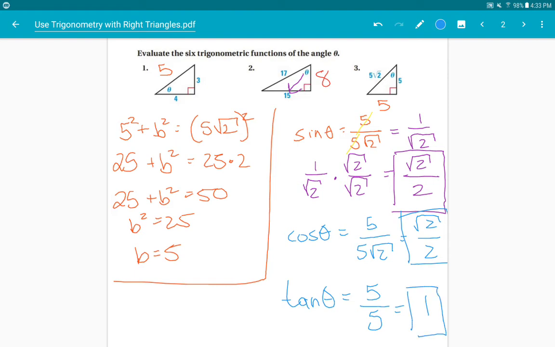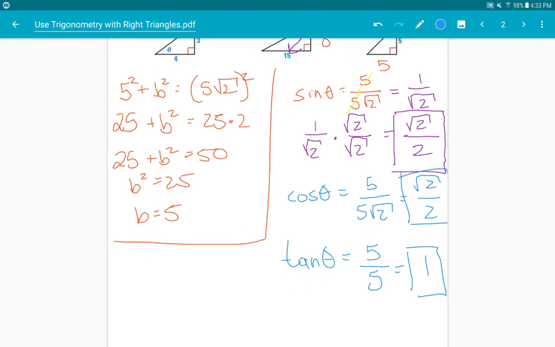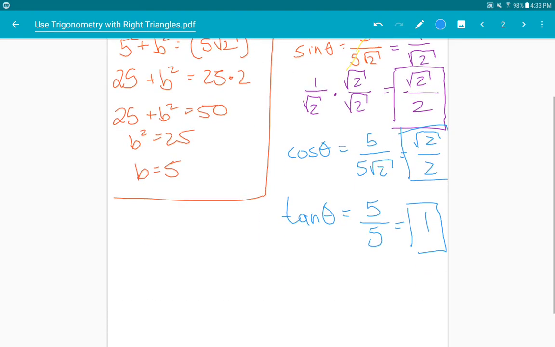Now what we need to do is we need to find the reciprocal ones. So we're going to start with sine. Okay, so sine, that's going to give me cosecant as the reciprocal. We're going to look at this reciprocal. That's going to be 2 over radical 2. Okay, so we have to multiply by radical 2 on both the numerator and denominator. That gives me 2 radical 2 over 2.